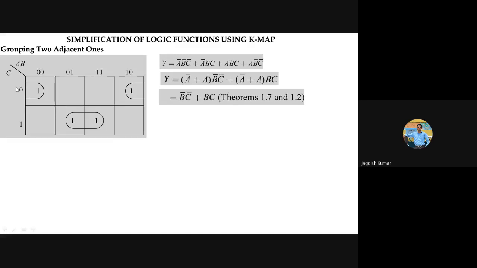Okay, now let us look at another pair. This is another pair, 1, 1, correct? Here, which variable is changing? Now I ask you, you will tell me which variable is changing. Here, what you will realize is out of 3 variables, 2 are going to remain the same. Only one variable will change whenever you are able to get a pair.